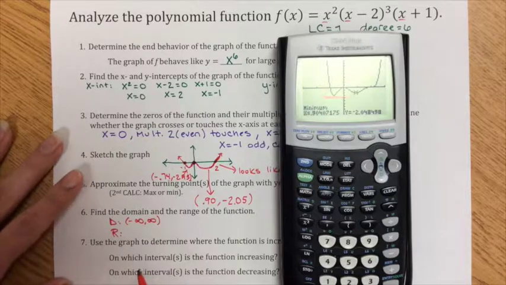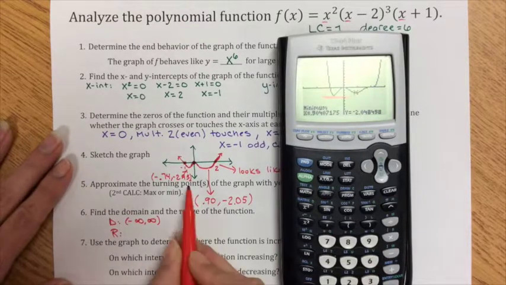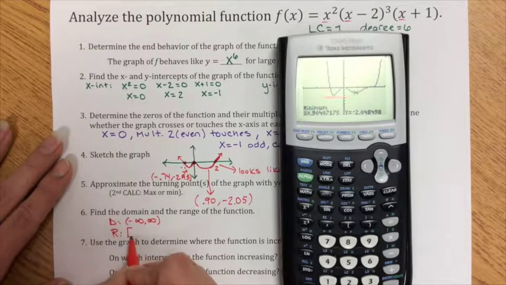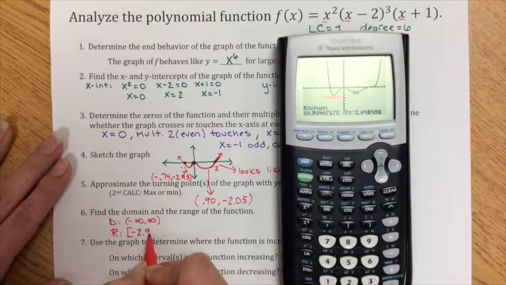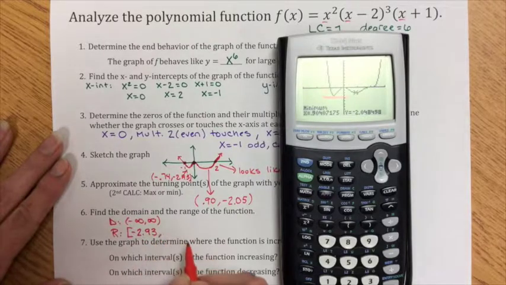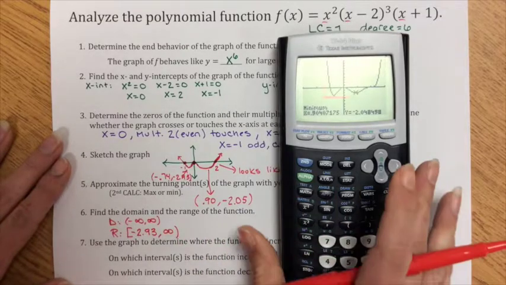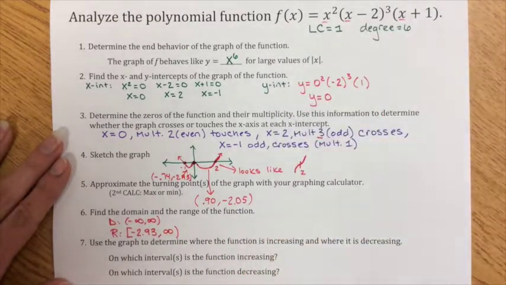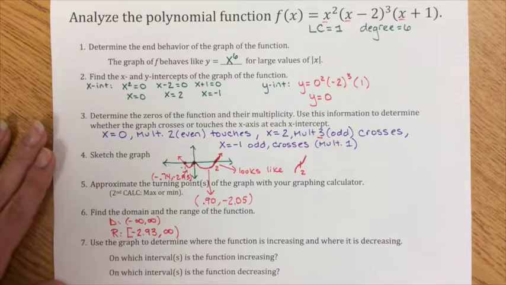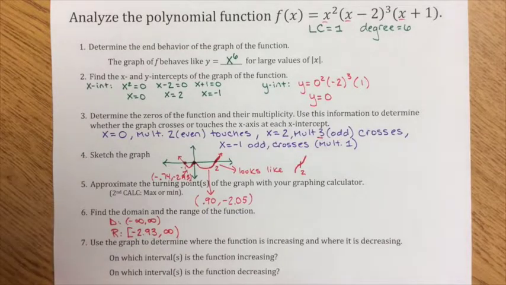Range, we're going to start at the lowest value and it touches that value. And so we're going to make sure we use brackets and use negative 2.93. And we're going to go all the way to positive infinity because it looks like it goes forever up from there. Our last piece is finding where this graph is increasing and decreasing.